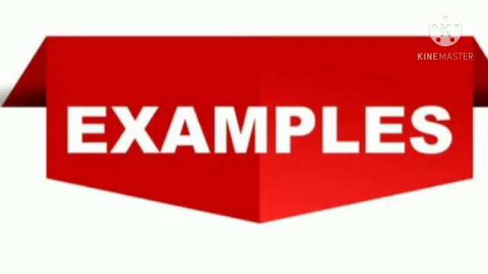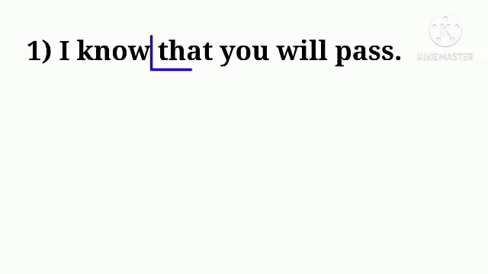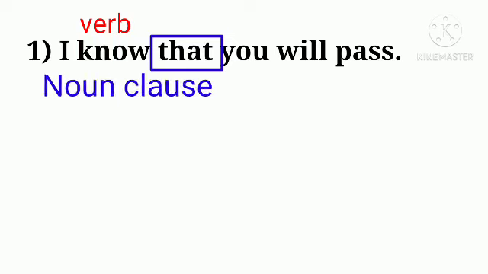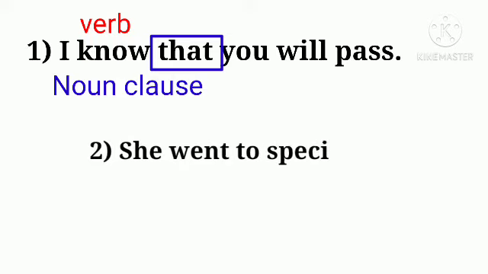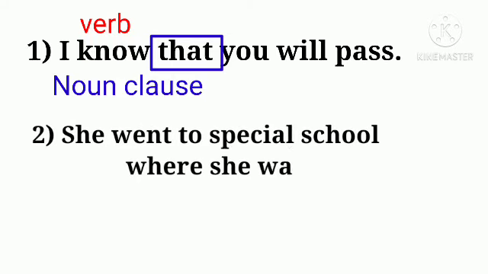Let us understand this with the help of a few examples. I know that you will pass. Here the keyword, that is, the subordinating conjunction, is that, and the verb is placed before the subordinating conjunction. So it is a noun clause. She went to a special school where she was taught karate.